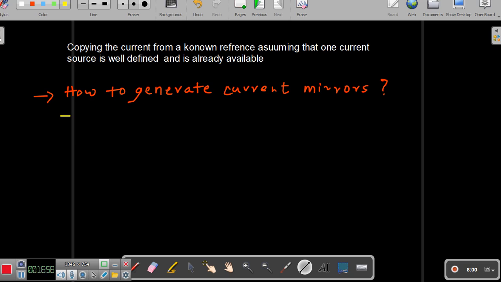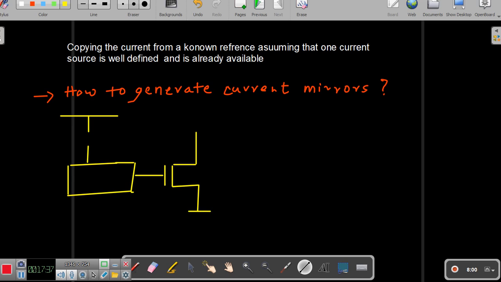So I take VDD here, then I have I reference here. So it may be because of the voltage divider bias circuit or whatever we have, right? So we have I reference. Here I do have a copying circuit, something like this. Then this output I give to the MOS device which I am interested in.